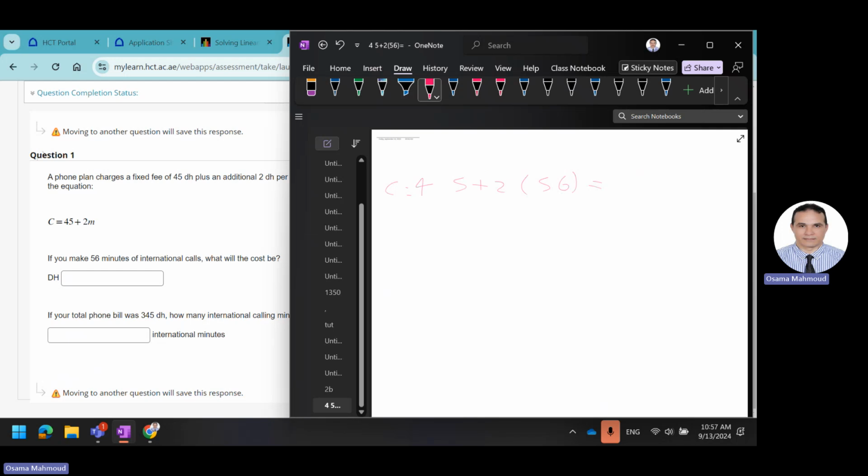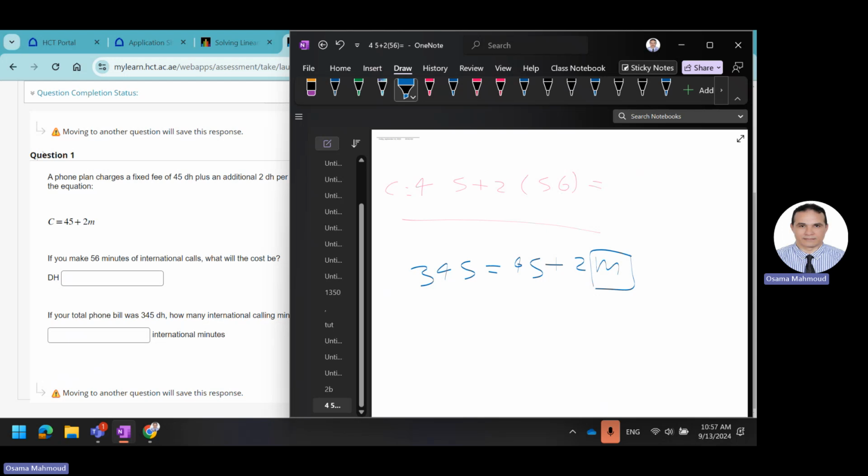In the other way, he gives you the amount in dirham. What is in dirham? This is a fixed fee, 45, and this is the cost. So this time he gave you the cost 345, which is equal to 45 plus 2m. He's asking you how many minutes.